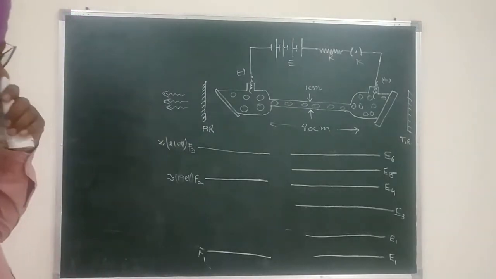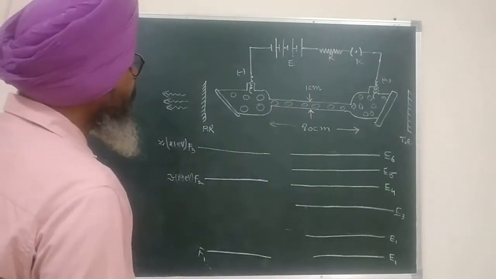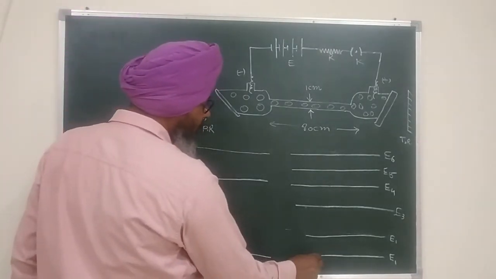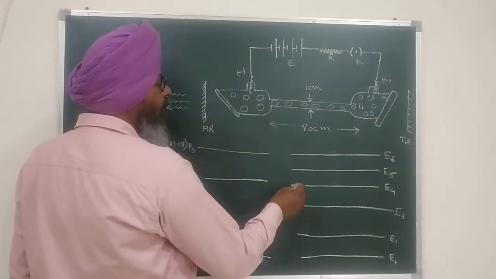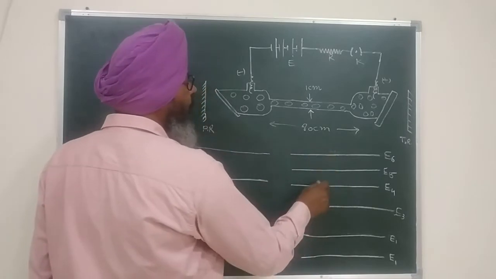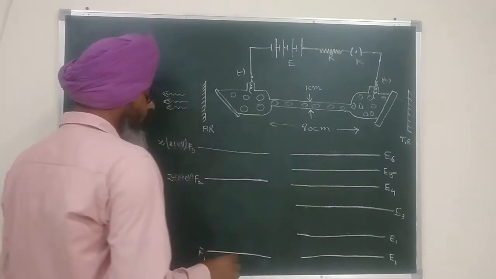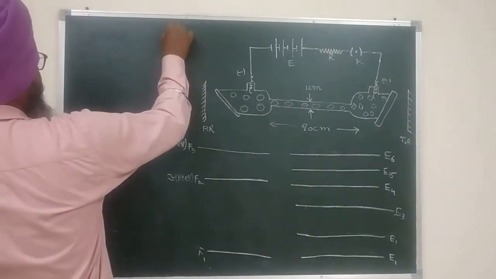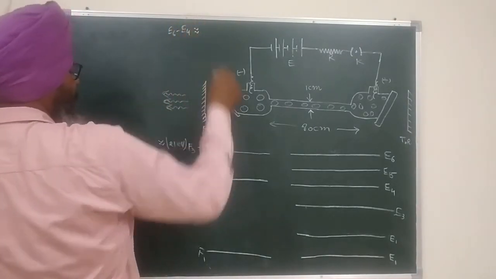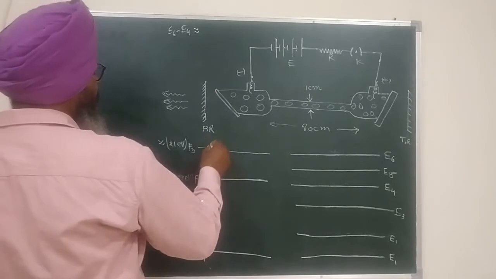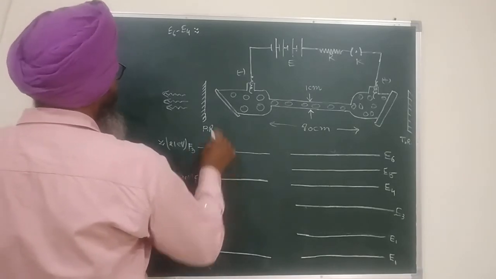Okay, now this is just a coincidence that the energy difference between E6 and E4, that is E6 minus E4, is approximately equal to the energy difference between F2 and F3.